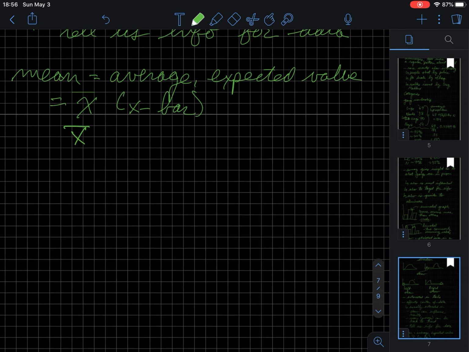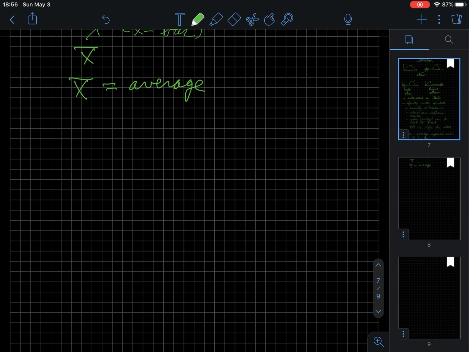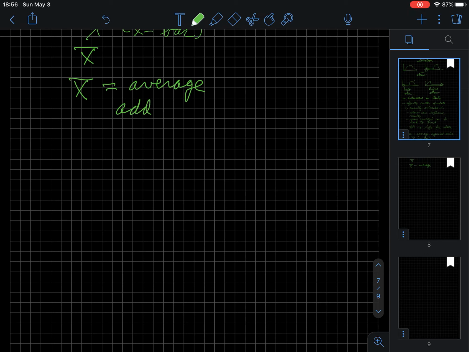When we say we have X bar, and this is going to equal the average, we have a different way of summing up. You may remember how we solve this: we usually add all the numbers and divide by how many numbers there are.